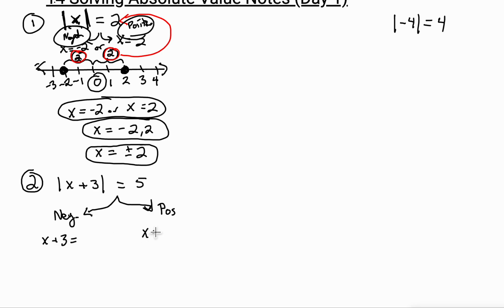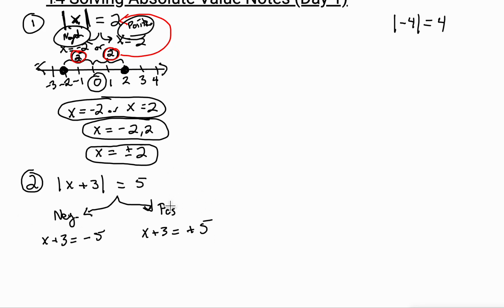The absolute value doesn't change. What has changed is that 5. One side is negative 5 as the solution, and the other side is the positive side of the solution. So one's negative 5 and one's positive 5.